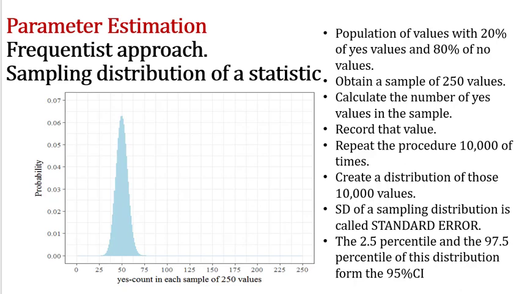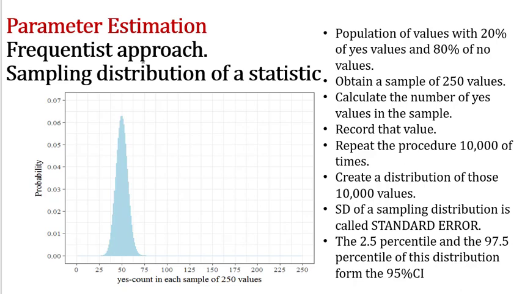Now, in order to construct a sampling distribution, we have to assume that the population has a proportion of 0.2 of people with anxiety.